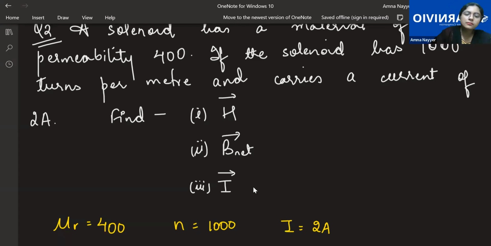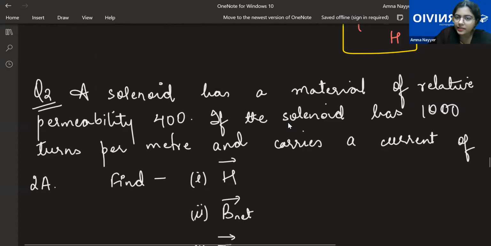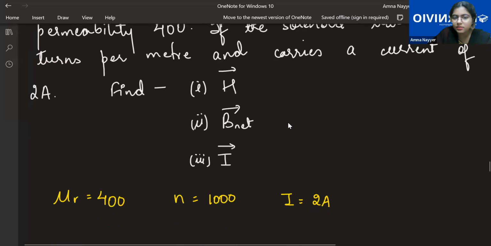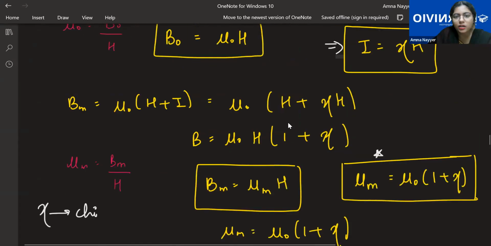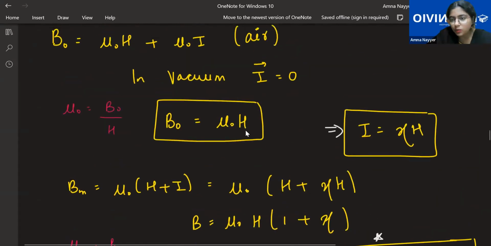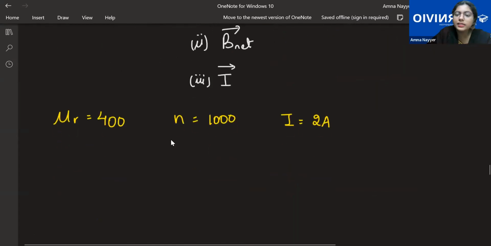Since this is a solenoid given, that's a very big hint for us how to proceed further. For H, we already did a formula. If you remember, B naught is equal to mu naught into H. So how is this formula helpful?